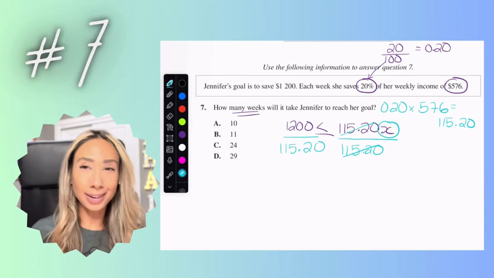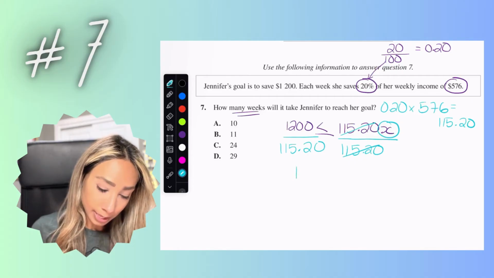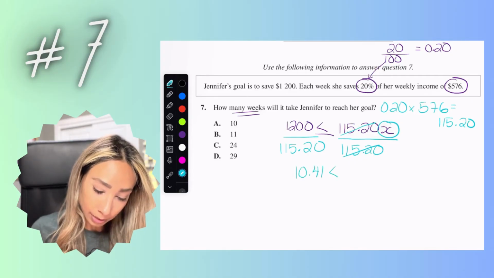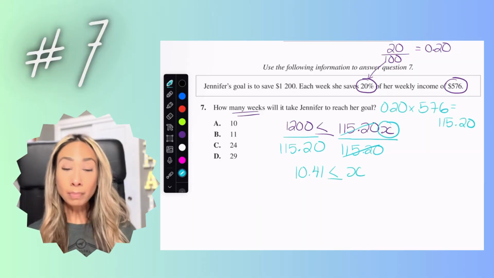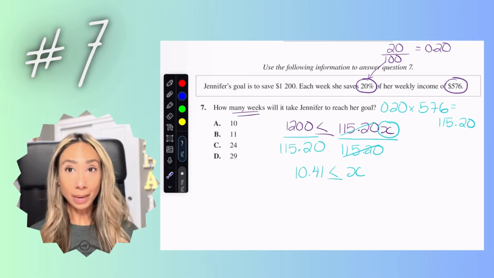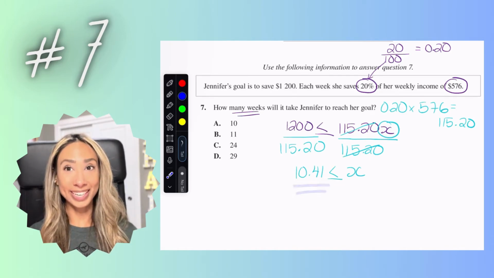I'm going to get kind of a wonky number here when I solve it. I'm going to get 10.41 is less than or equal to X. Now remember, her goal was $1,200. Once I get my value for X, which in this case is 10.4, let's think about this logically.